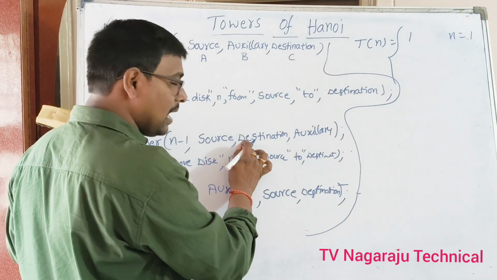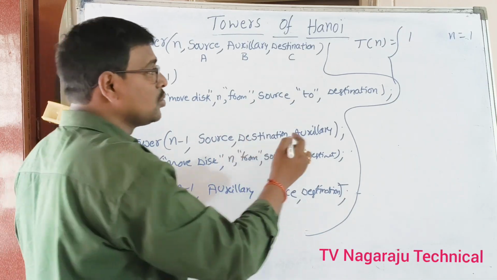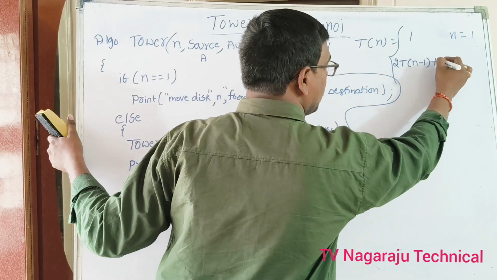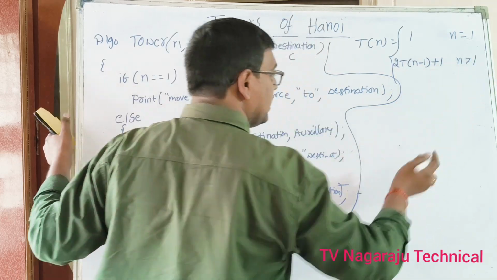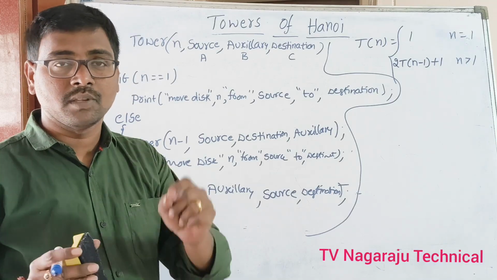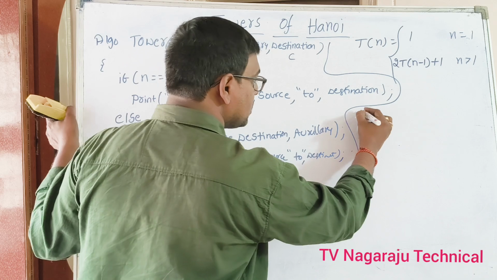So this is T of n minus 1, this is T of n minus 1, and this is 1. So 2 into T of n minus 1 plus 1 if n is greater than 1. This is the recurrence relation. Now solve that recurrence relation.